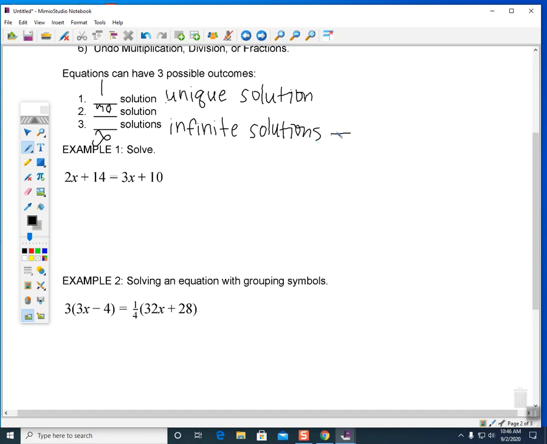We also call this an identity. So I can have one solution, I can have no solutions, or I can have infinitely many solutions.